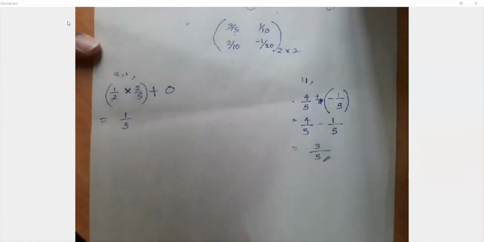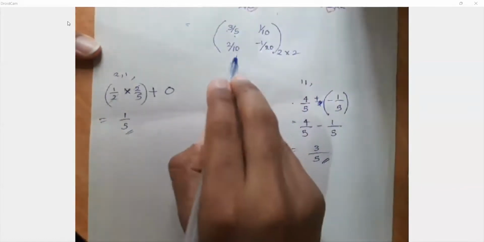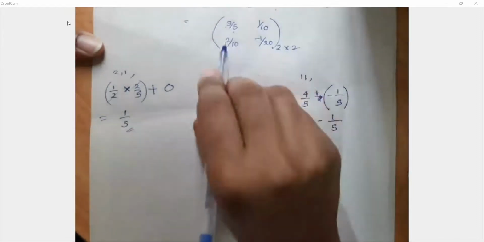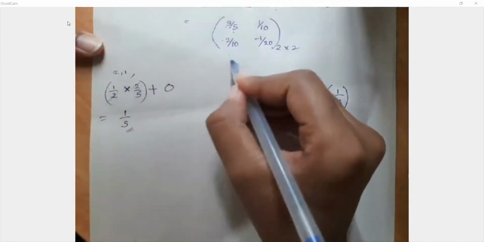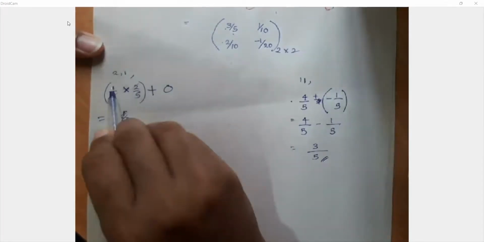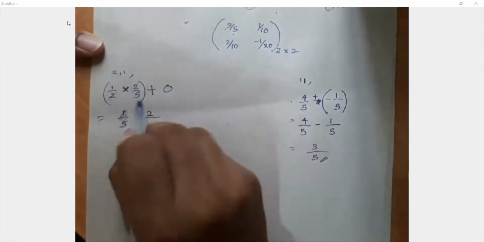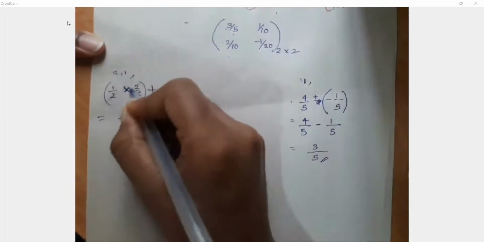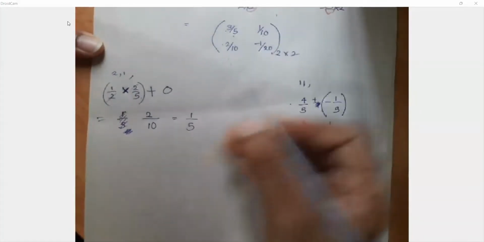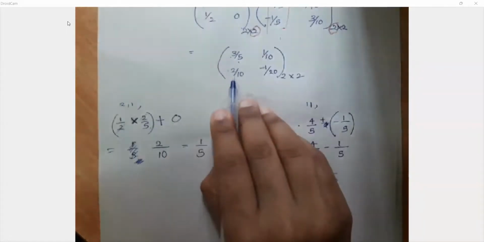The answer for 2, 1 is 1 over 5. Here this one is also correct. I can write 2 over 10, which means 1 over 5. Or I can do it like this: 1 into 2, 2, 2 into 5, 10, so it is 2 over 10, which is 1 over 5.